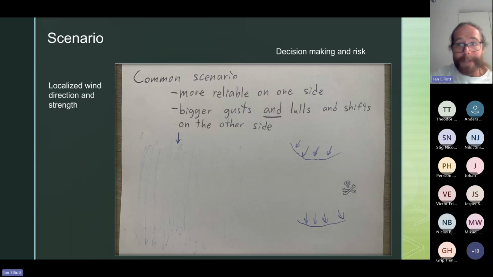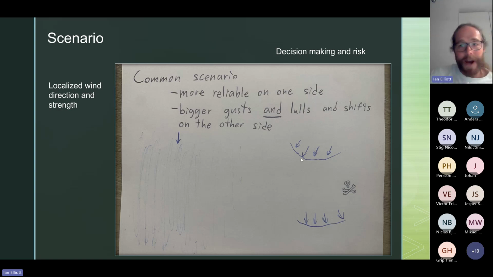So here's a common scenario. I don't know how well I've drawn it, but I tried to have no blue pen marks over here, as there's no wind at all, and then slightly more and more darker water on the left. So maybe this is another land on the left, go left situation. But on the calm side, you have occasional big gusts.